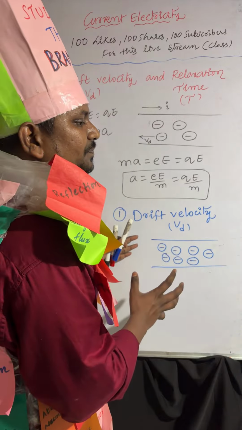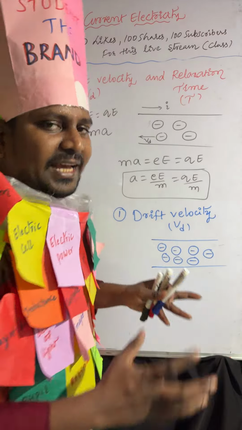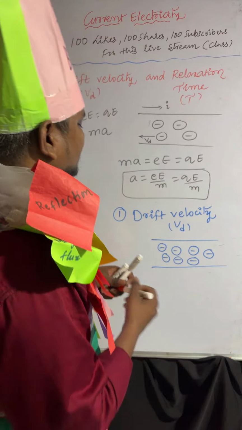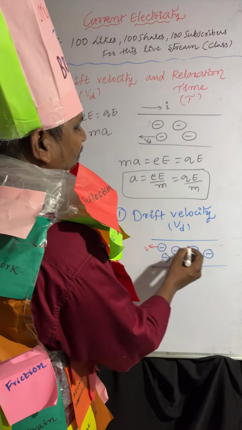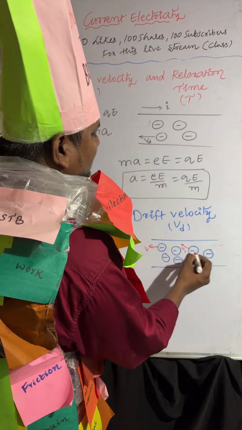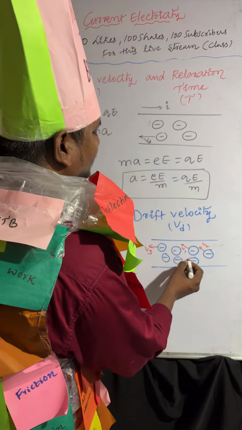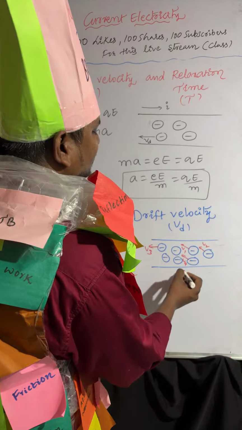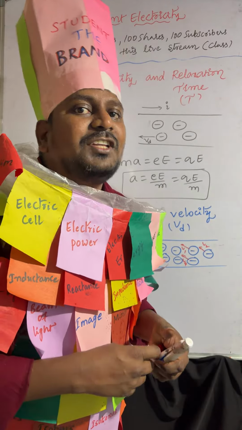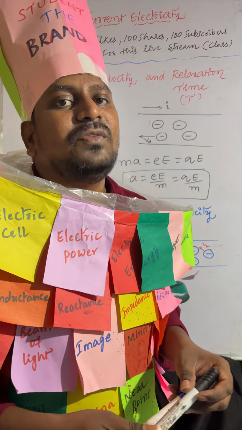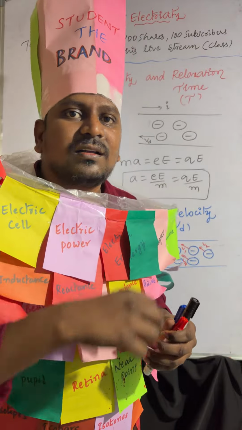Then collisions keep on taking place. Different electrons have different velocities. After collisions, their velocity also changes. Okay, so the average constant velocity of electrons moving in a conductor.